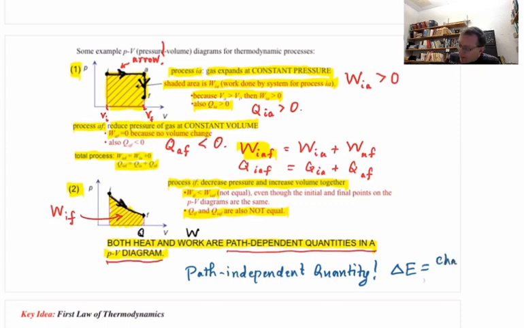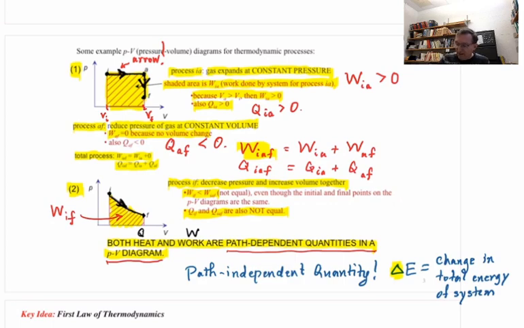Change in total energy of the system. Delta E. The change in the total energy of the system for a given experiment does not depend on what path you take in a PV diagram, just on where was the starting point and where was the ending point. That's an experimental fact.